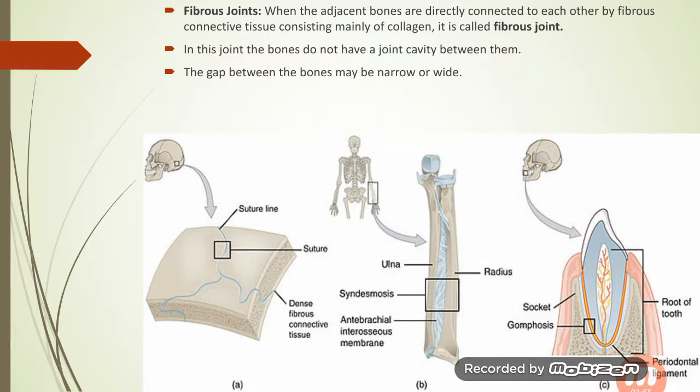So we will discuss them one by one. First of all, we will talk about the sutures. Then we will talk about syndesmosis of radius and ulna, and then we will talk about gomphoses.